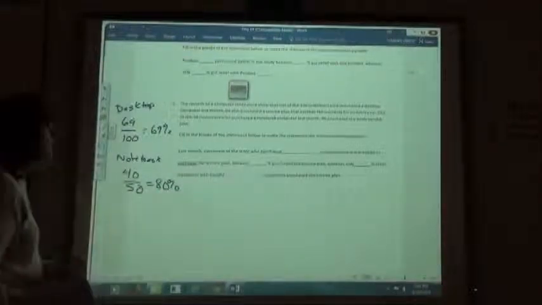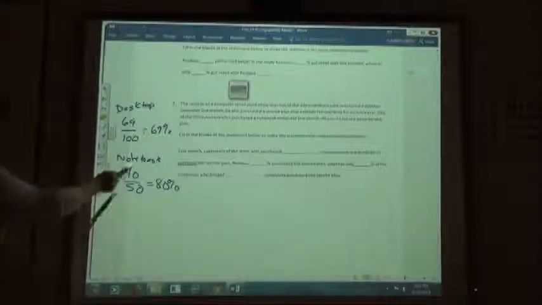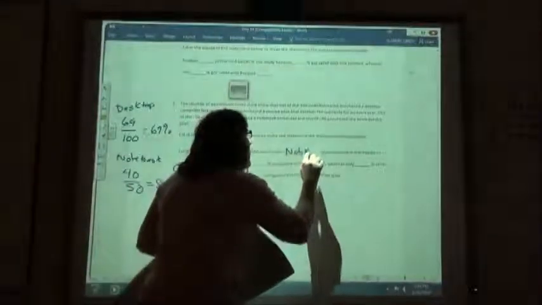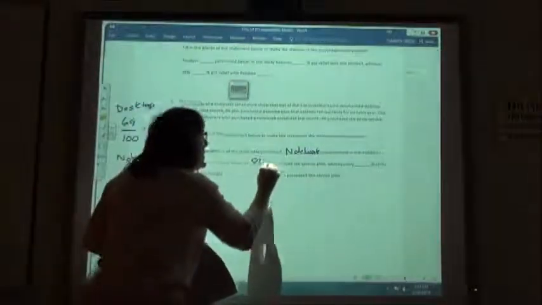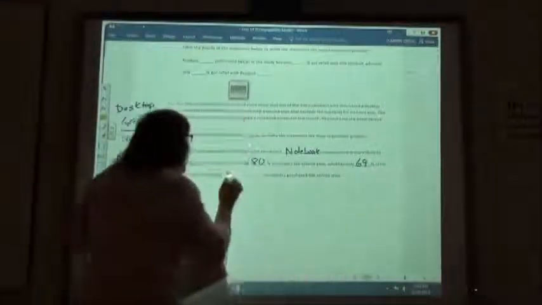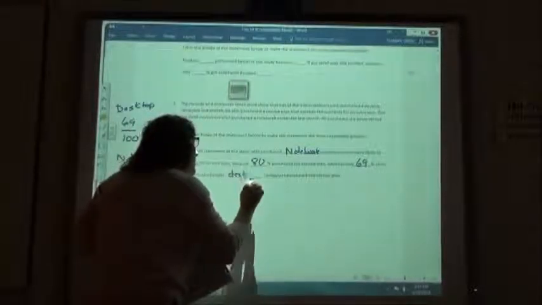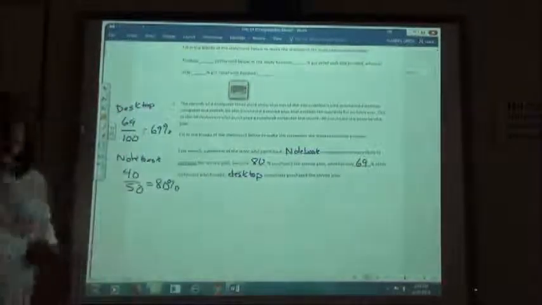So, who was more likely to purchase the plan? The ones who bought the notebook computers. So we would have notebook in here. They were more likely because 80% of them purchased the service plan, whereas only 69% of the people who got the desktop computers purchased the service plan.